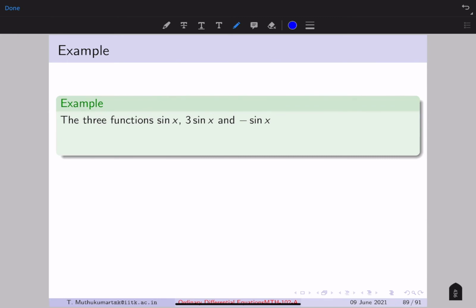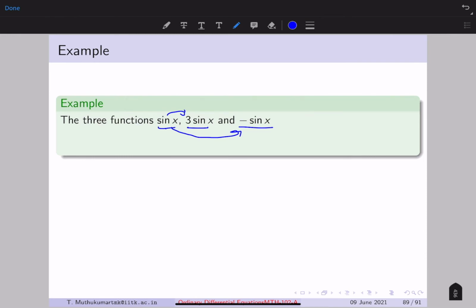Now let's look at this example. Take these three functions: sine x, 3 sine x, and minus sine x. In this case you can naturally see whether it's linearly dependent or independent, because from sine x I multiplied by 3 to get this, and multiplied by minus 1 to get this.